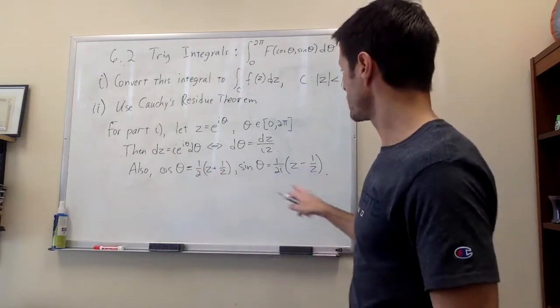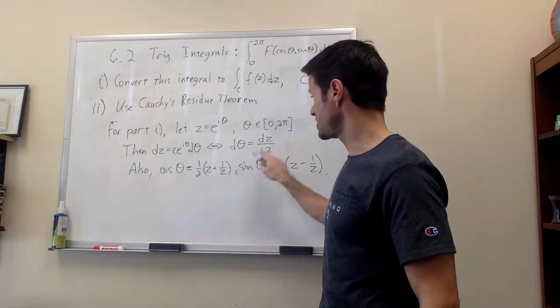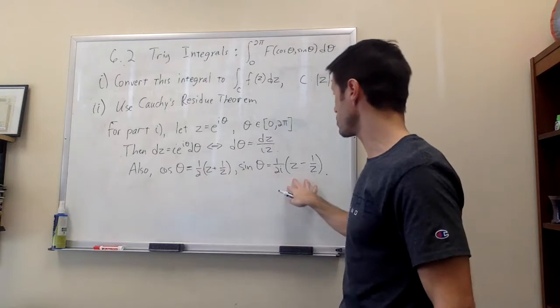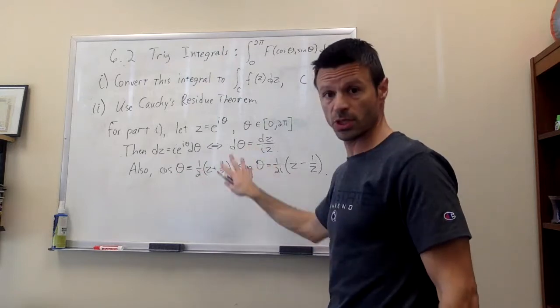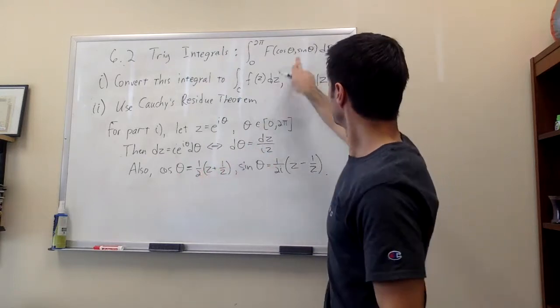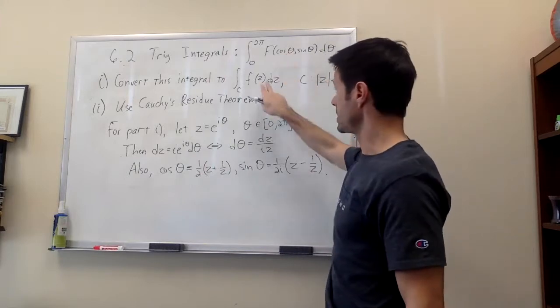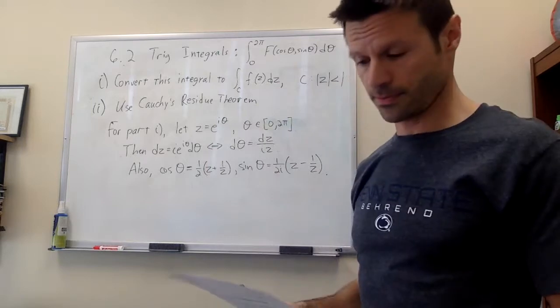So here we have d theta in terms of z and dz, cosine theta in terms of z, and sine theta in terms of z. We're going to plug these into our trig integral to get our contour integral.